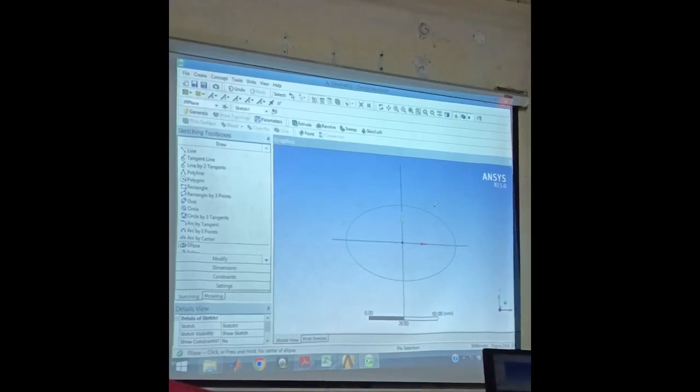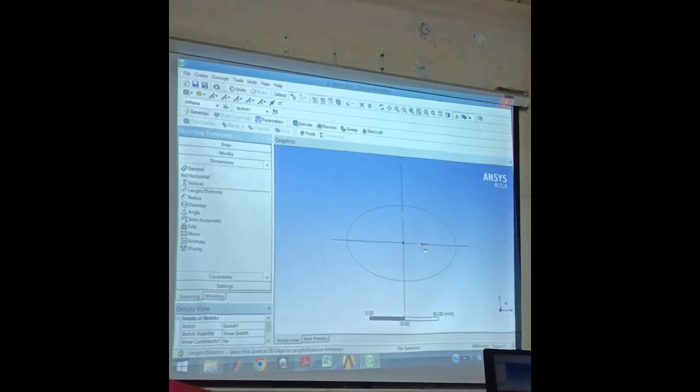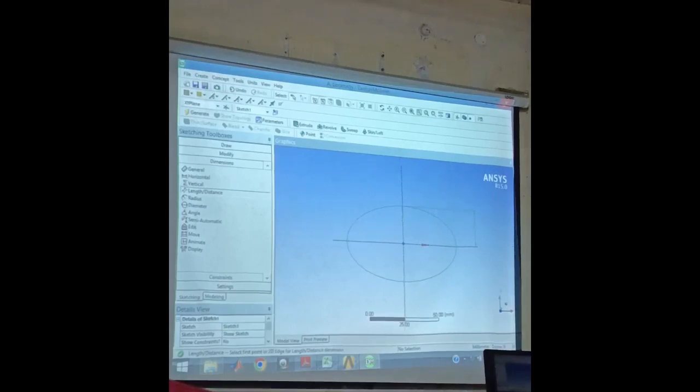Now dimensions. Very good. Dimensions. So if I click like this, one is length or distance. Let me change this, and if I select this, then I can get this one dimension. Similar way, but given this to this, right?